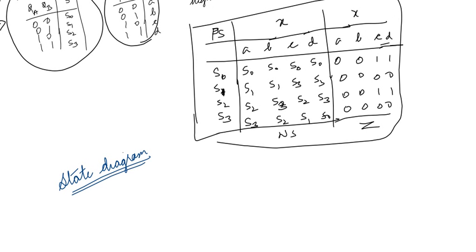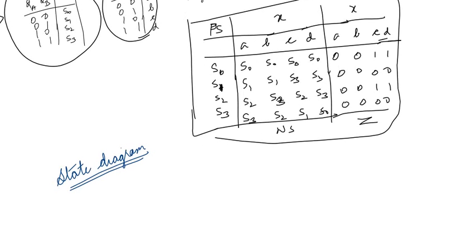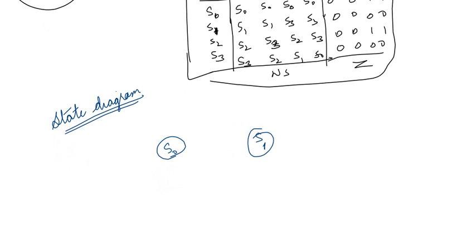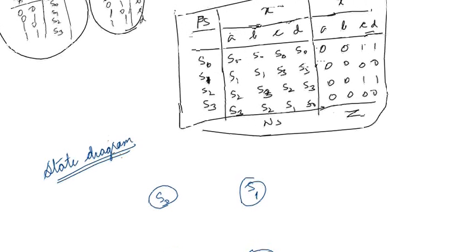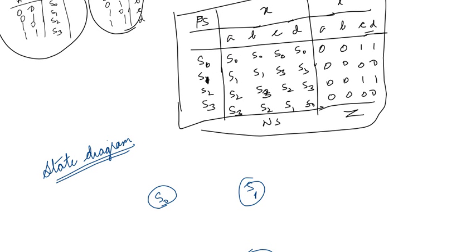What is a state diagram? Initially, what are the states? We have the states S0, S1, S2, S3. The input is A, B, C, D. From the present state, we go to which state?